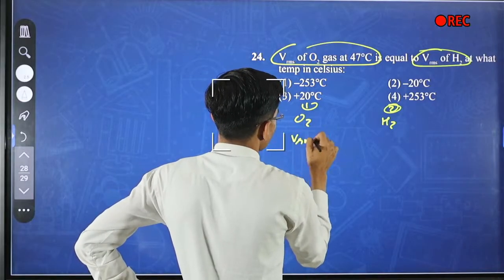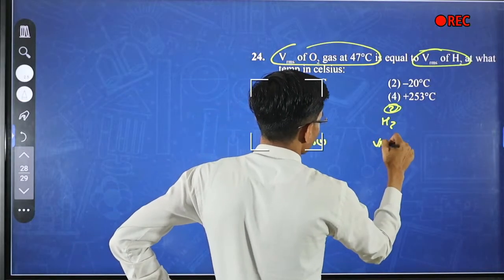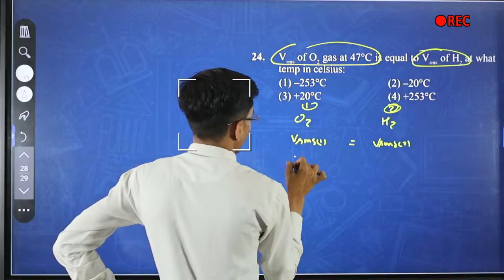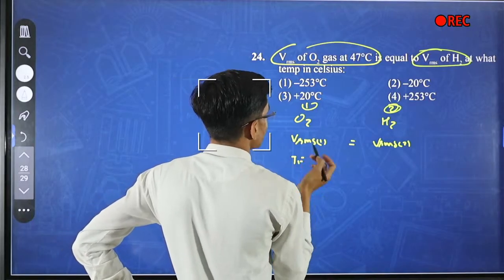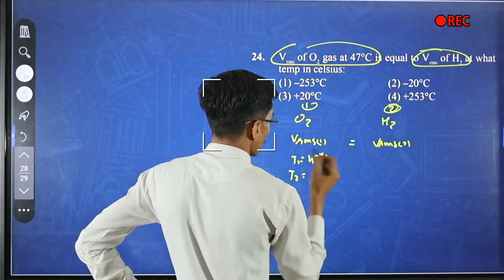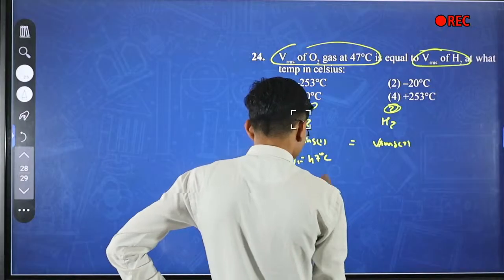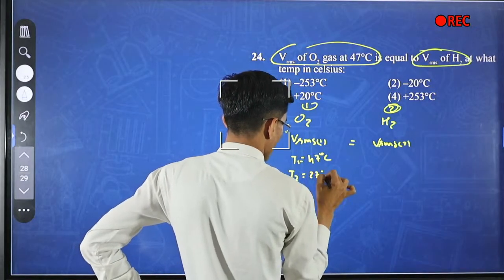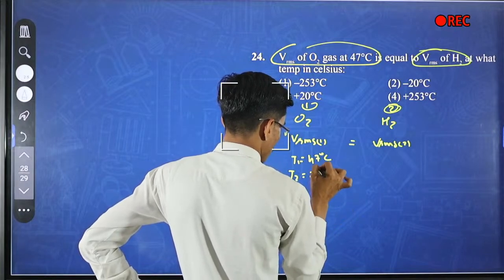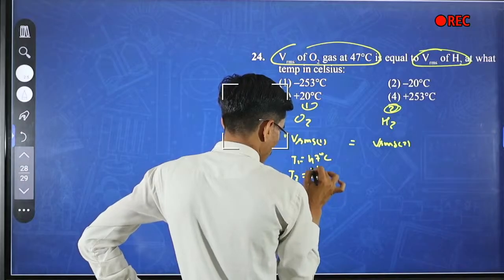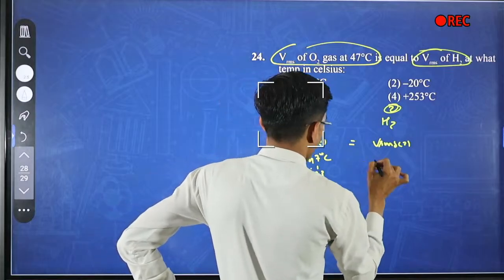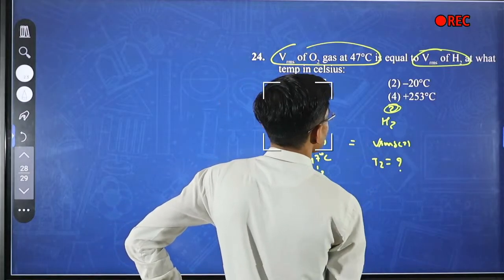Here VRMS 1 of oxygen and VRMS 2 of hydrogen is equal when temperature T1, means O2 gas, is 47 degrees Celsius. Convert into Kelvin. So 273 plus 47, 320 Kelvin. And for hydrogen T2 we have to find.